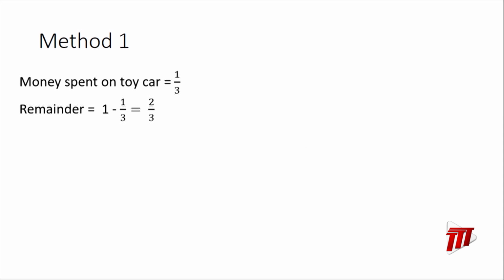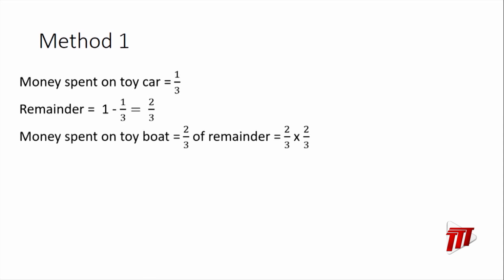He now used 2/3 of what remained on a toy boat, so he's taking 2/3 of this. 2/3 multiplied by 2/3. When we multiply fractions, we multiply the numerators, we multiply the denominators, so we end up with 4/9. So 1/3 was spent on a car, 4/9 was spent on his boat.